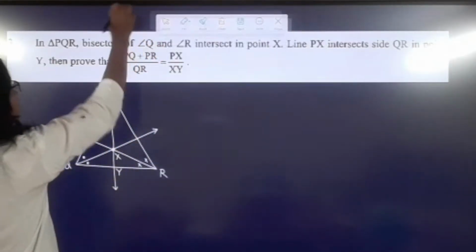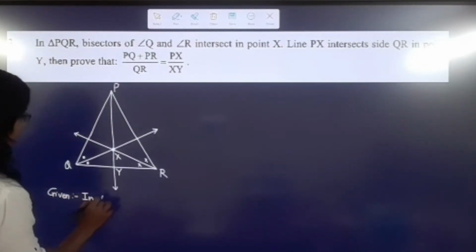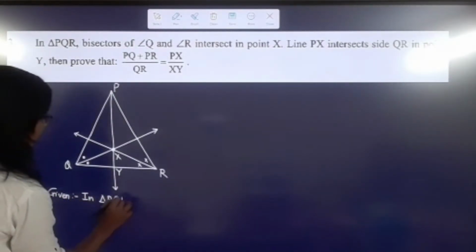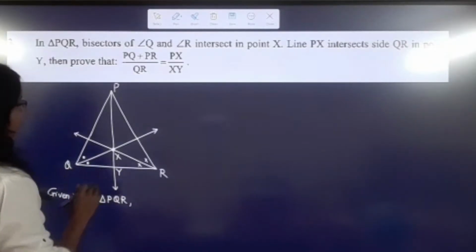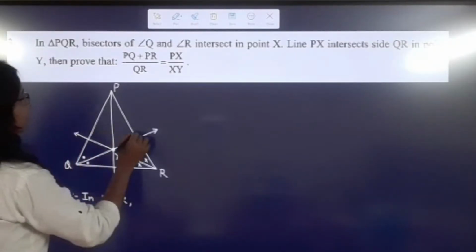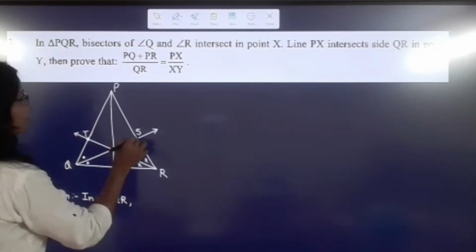I write down the given. So given in triangle PQR, here I write down XY, here S and T. Okay, I write down the names.